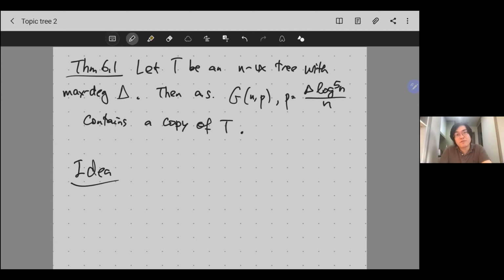And the number of bounded degree trees on n vertices grows exponentially with n. So that means you need a very strong bound on the failure of containing a specific tree. And that's oftentimes too hard to obtain, okay? So it's much harder. You have to apply a union bound over all trees. So universality and the fixed tree are different.